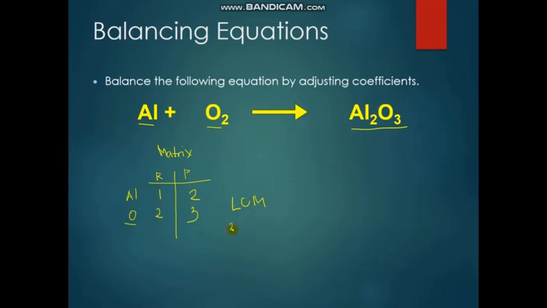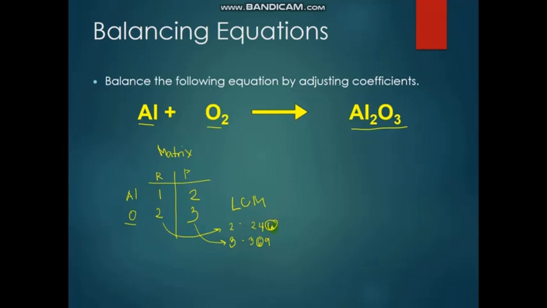So you have 2, 4, 6. While 3 is 3, 6, 9. So as you can see, our common factor here is 6.